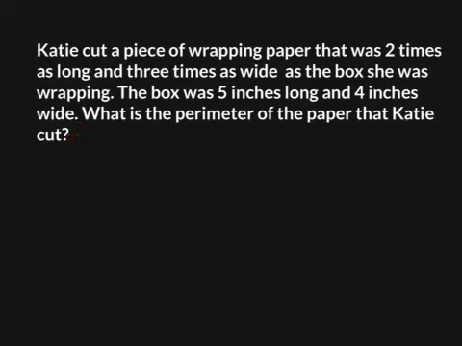I want to think about how I can draw a model to represent this problem. I'm going to start by drawing the box, and it tells me that the box is 5 inches long and 4 inches wide.